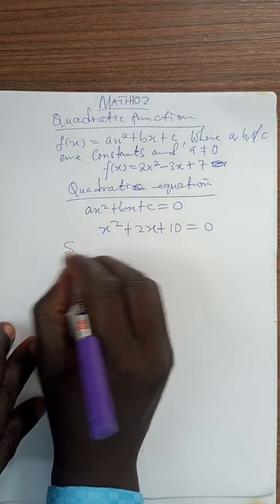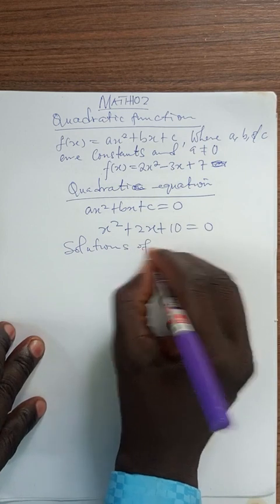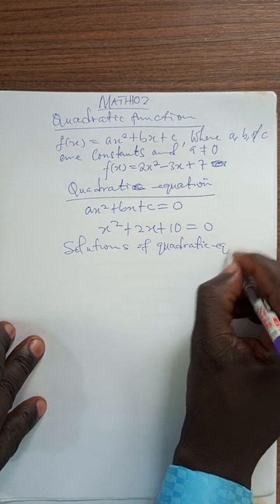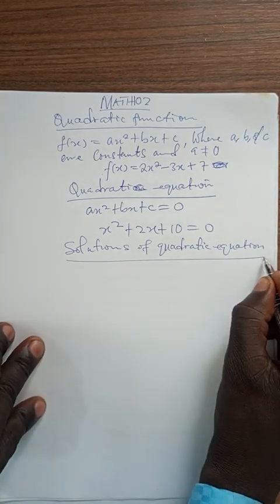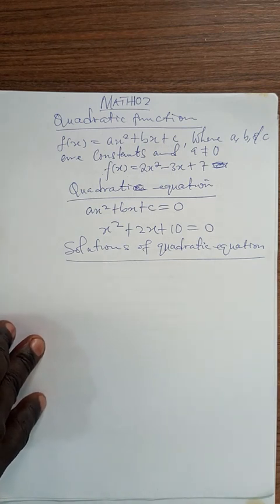Now, solution of quadratic equation. There are various methods of solving quadratic equation, among which are solution by factorization, solution by completing the square method, solution by the use of formula, and solution by the use of graph.